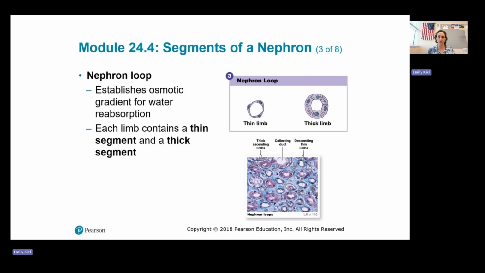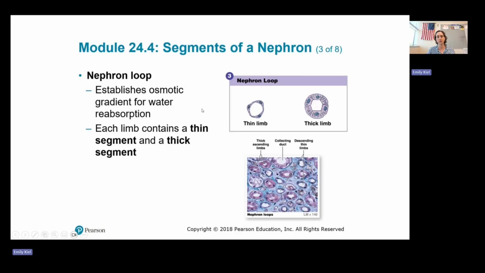And the thick and the thin loops have different purposes. So the thin limb, or the thin segment of the nephron loop, is simple squamous epithelium, while the thick limb is simple cuboidal epithelium. And again, these are going to have different functions and different roles to play, so they're going to have different cell shapes.